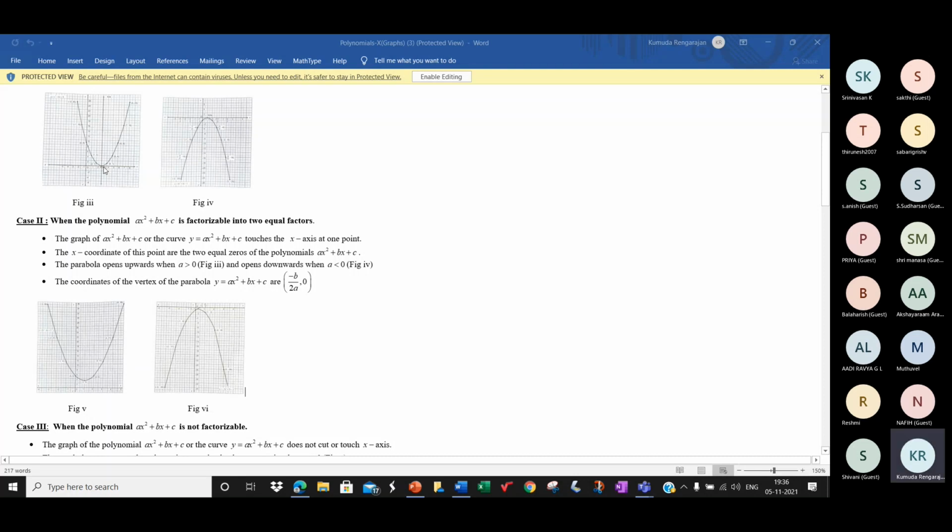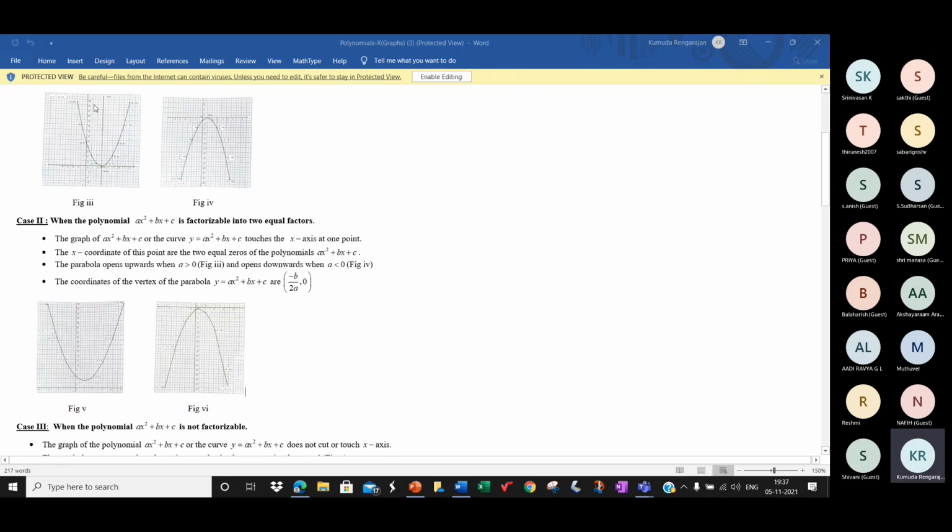The axis of symmetry will pass through the vertex. I told you that the vertex can be the lowest point. So in this graph, the vertex is the lowest point of the parabola, but here in this graph, the vertex is the highest point of the parabola.